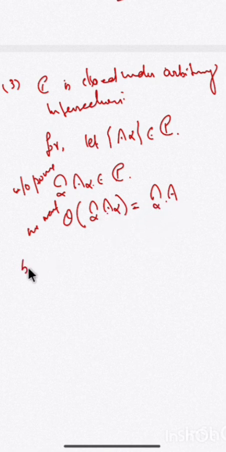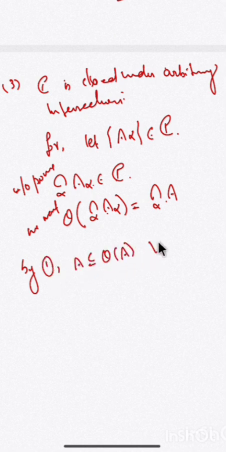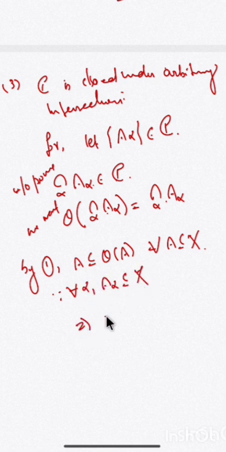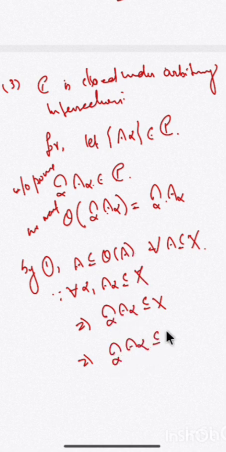By property 1, we have A contained in theta of A for every A subset of X, or every A belonging to P of X. Here all A alpha are members in C. Members in C means they are all subsets of capital X, so their intersection is also a subset of X. Since for every alpha, A alpha is a subset of X, the intersection of A alpha is again a subset of X. So it is also an element in P of X. Therefore, this property is satisfied for this set, which implies the intersection of A alpha will be contained in theta of the intersection of A alpha. So this is one implication.